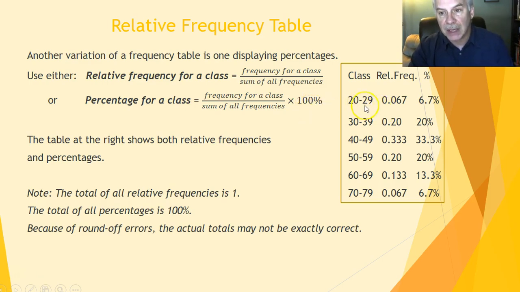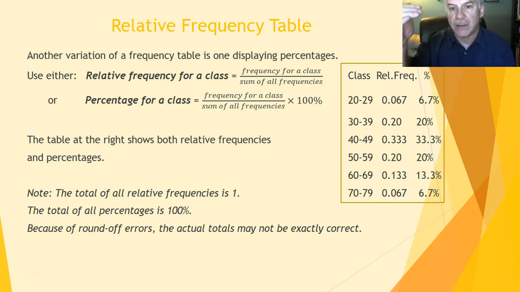So, for example, for the class 20 to 29, there was one number in that class, and then you divide that by 15, because 15 was the total number in the whole set of data. There were 15 numbers, okay?